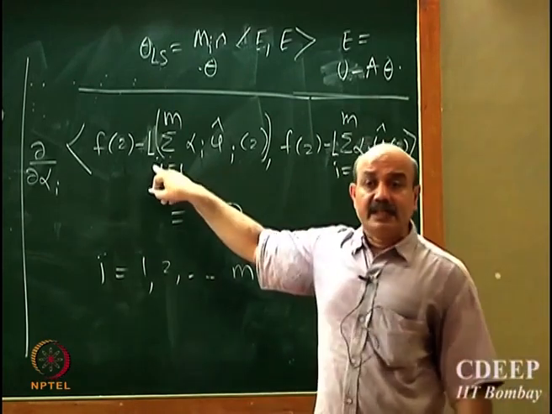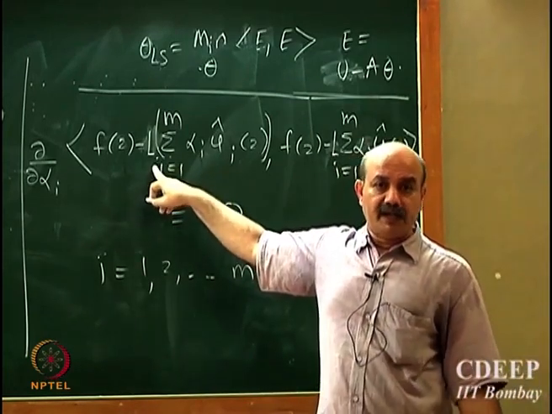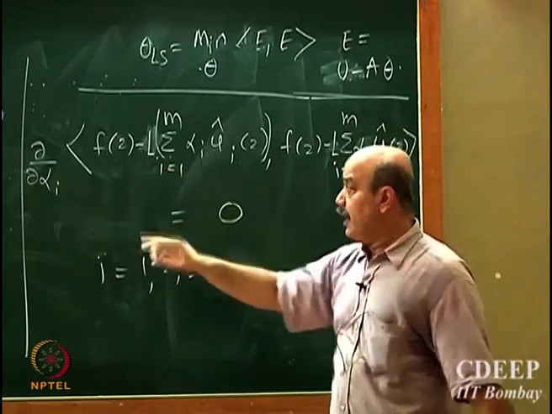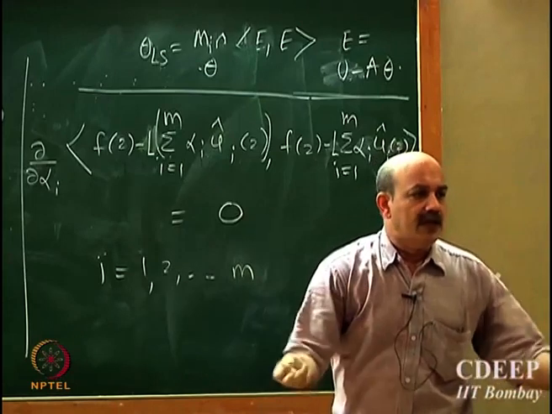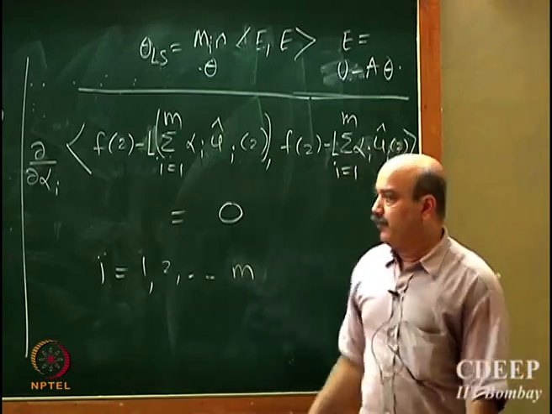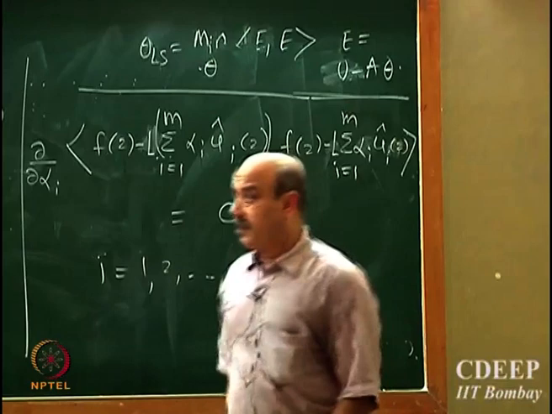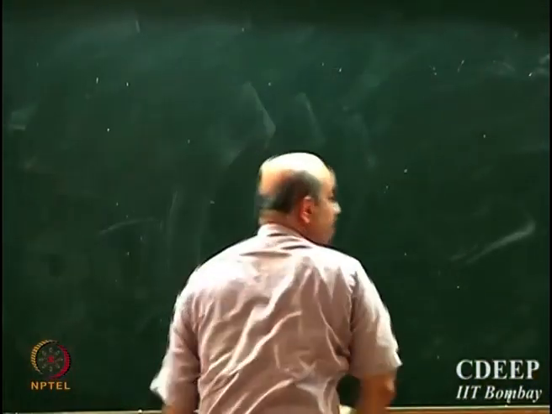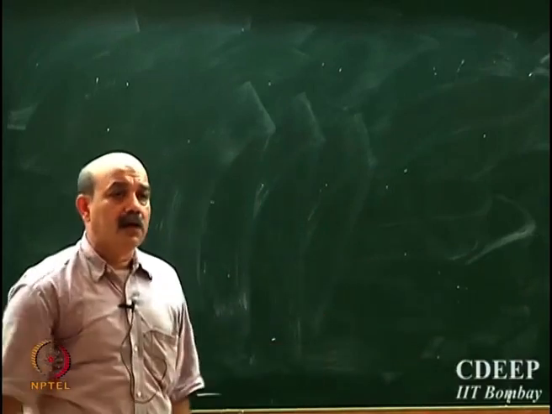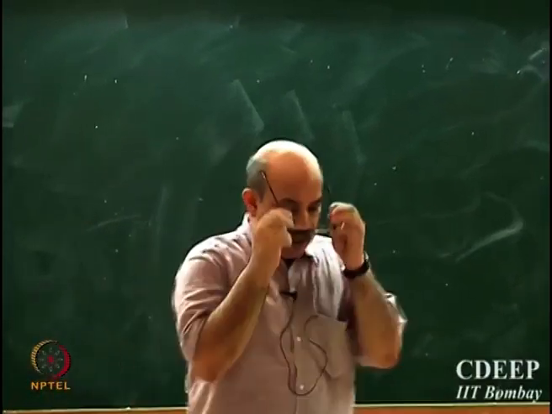But if L is a linear operator, if we make that assumption, then alpha i will come out, and you can differentiate and solve the problem very easily. If I write those equations and collect the terms together, I'll get an equation.